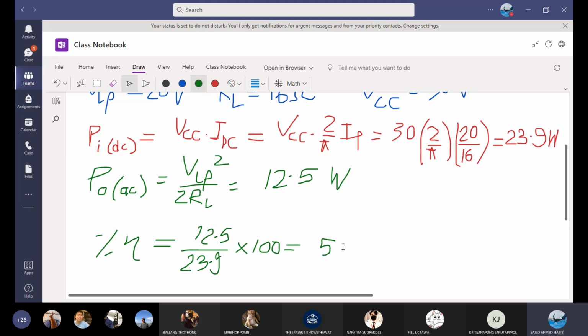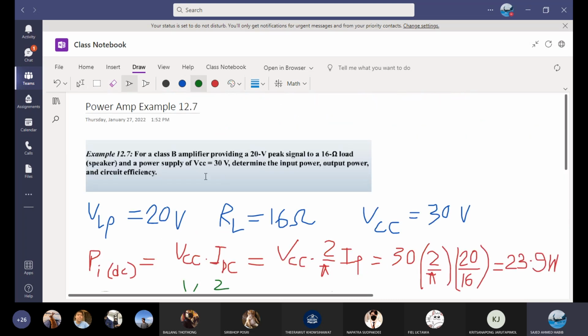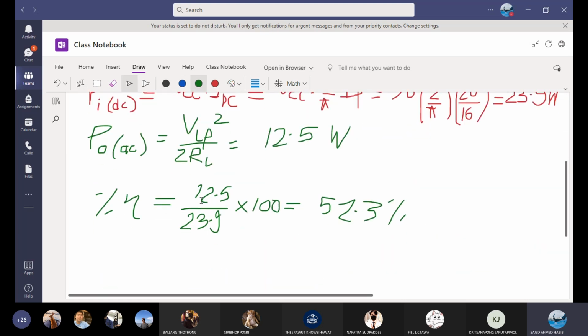That's the efficiency of this Class B amplifier, 52.3%. If you make this peak signal the same as VCC, you'll get 78.54%.